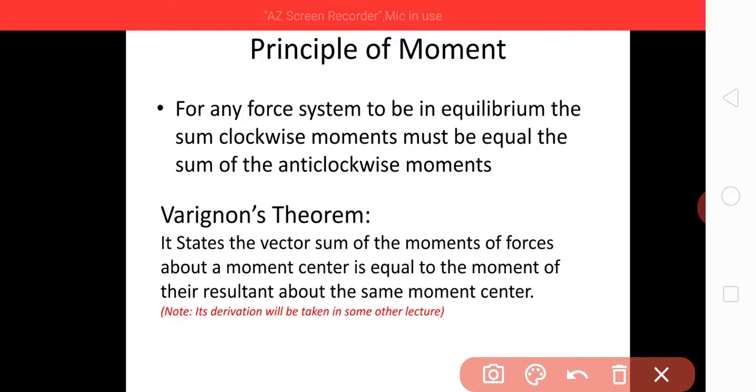When you are finding a center of gravity or centroid, you will be using this principle of moment. This is basically the lever rule. So it is very important, just try to understand it.